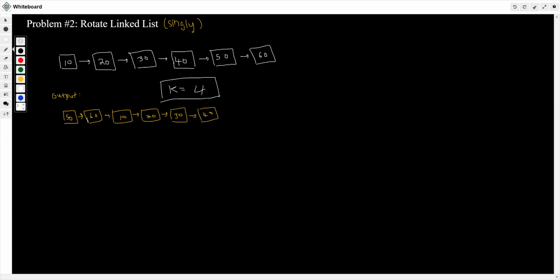The node itself does not know it's the head. Only the pointers pointing to it know and tell, because that's what pointers do. The nodes themselves don't know anything about themselves. So we're going to have a head pointer here, like this, and then let's write out def rotate.